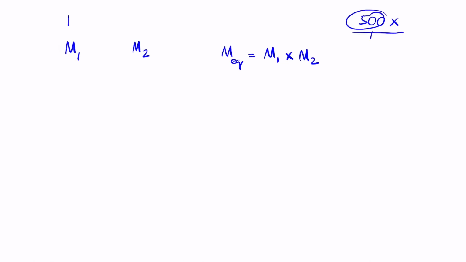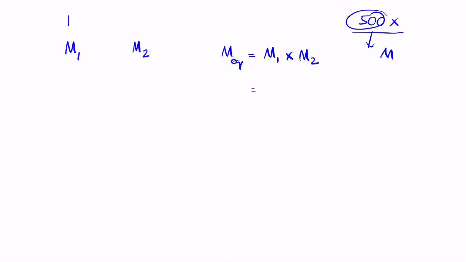If the magnification of the first lens is M1 and the second lens is M2, then the final or equivalent value is the product of these magnifications. For example, if you have a microscope of 500x magnification, the 500 represents the magnification of that particular microscope.